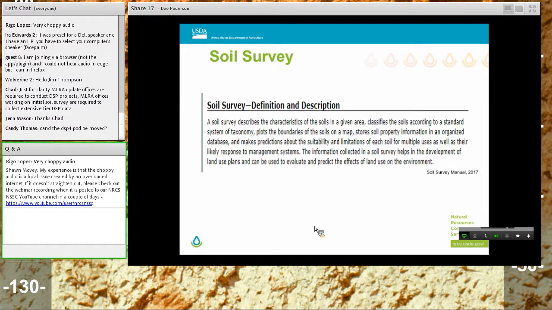A soil survey describes the characteristics of the soil in a given area, classifies the soils according to a standard system of taxonomy, plots the boundaries of the soils on a map, stores soil property information in an organized database, and makes predictions about the suitability and limitations of each soil for multiple uses, as well as their likely response to management systems. The information collected in a soil survey helps the development of land use plans and can be used to evaluate and predict the effects of land use on the environment.